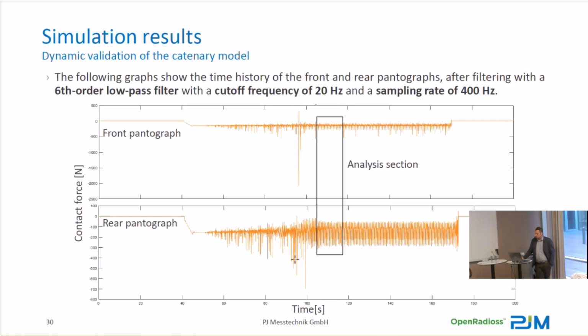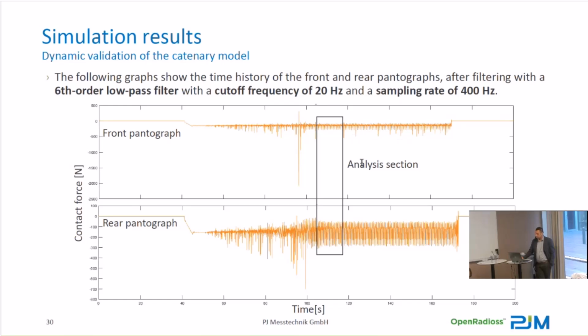And after 100 seconds, so when we reach our 275 kilometers per hour, we get with the rear pantograph a periodic area. And this is a really nice result. It looks already really good. But the front pantograph, you see, we still have some peaks all around here.